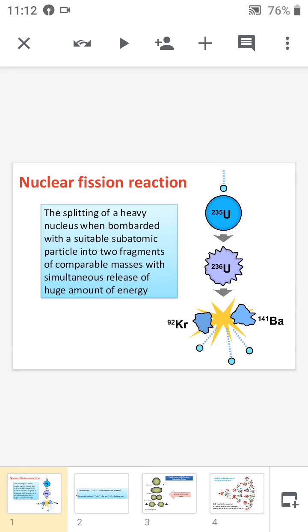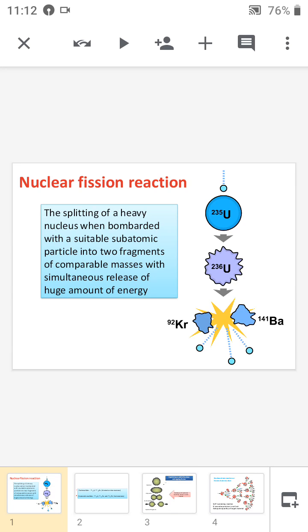See here, this is one example: uranium 235 is bombarded with a neutron, and this neutron combines with the uranium nucleus to form an unstable nucleus, uranium 236.